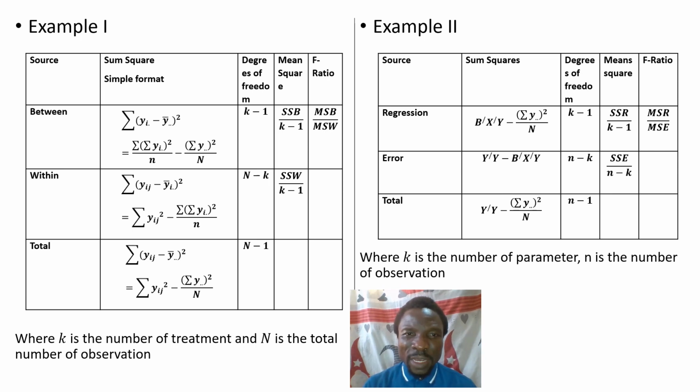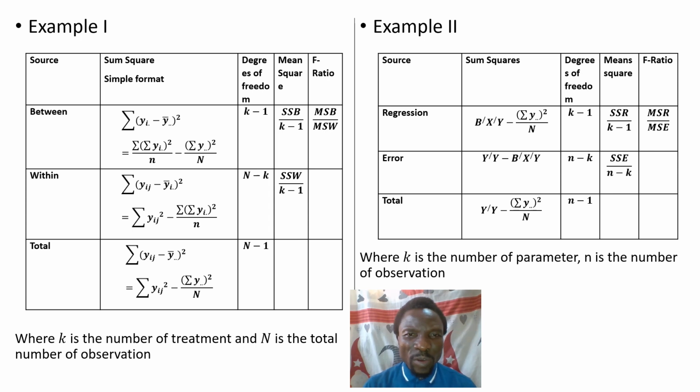In example one, the structure of the analysis of variance is such that the source is identified as between, within, and total. Then we have sum of squares between, sum of squares within, and sum of squares total.